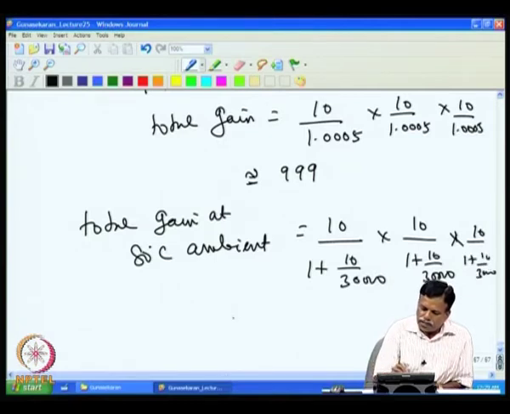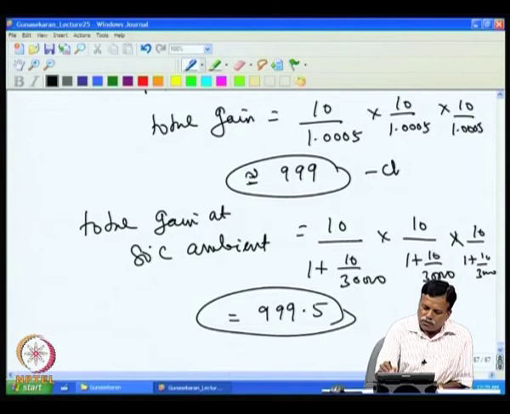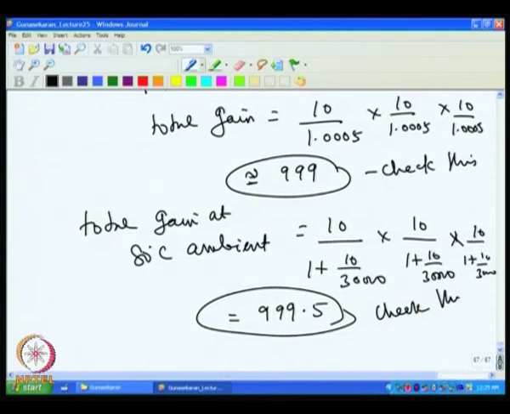You will find that this is also coming very close, you will get 999.5. I have not calculated this, you check this, but you will find that the difference in gain is only very small. So, with temperature the gain is not changing much.